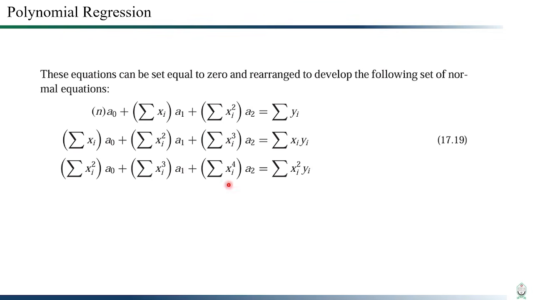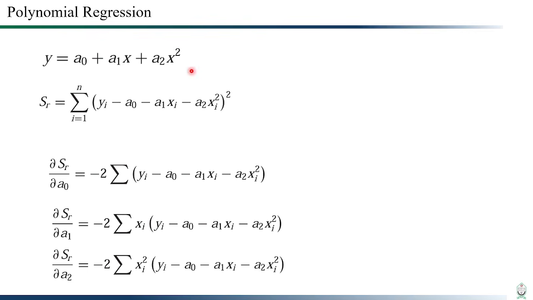If we can solve these three equations, we can find the values of a0, a1, and a2, which will give us the least sum of squared error, so that we can eventually find the equation of the polynomial which is the best fit for the given set of data. So applying the same technique, we can have polynomial regression done for a given set of data.